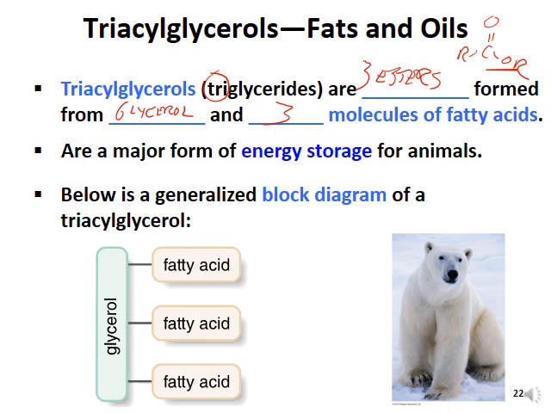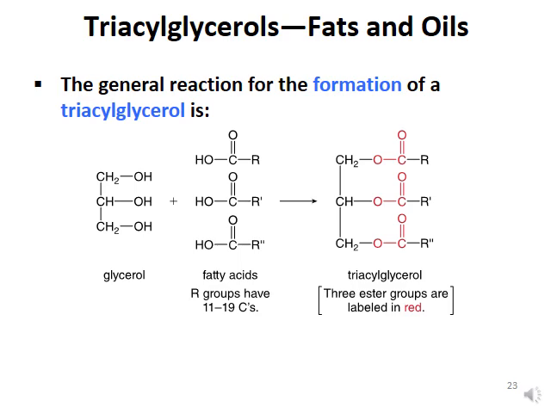There's the glycerol. There are the 3 fatty acids that are attached, and these are the ester bonds. Let's take a look at what that looks like, not from the far view, but from the reaction point of view with the atoms and molecules. The general reaction is we take a glycerol, which is a 3-hydroxyl group alcohol, and then we react it with fatty acids. And I hope you see what happens here.